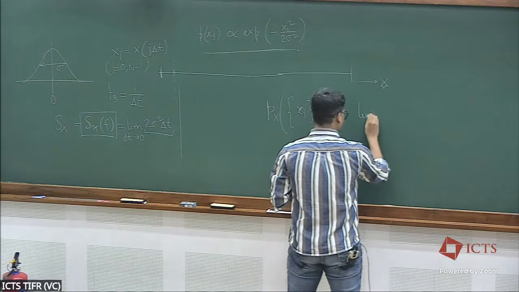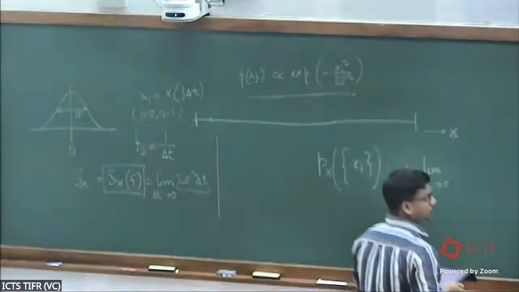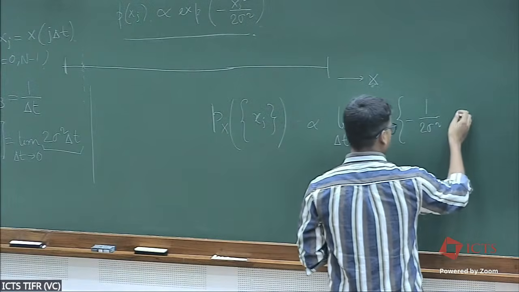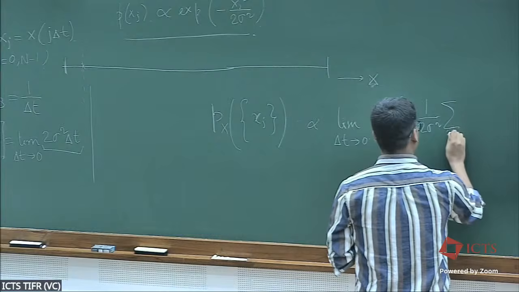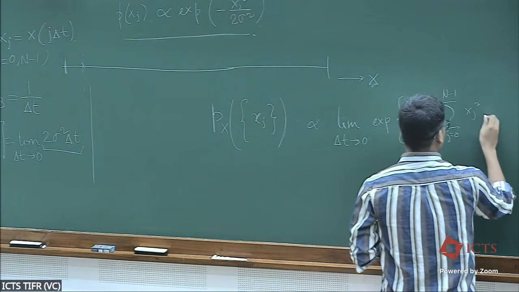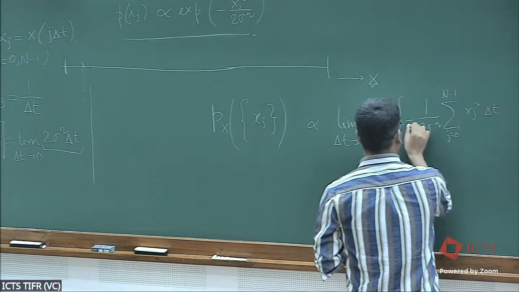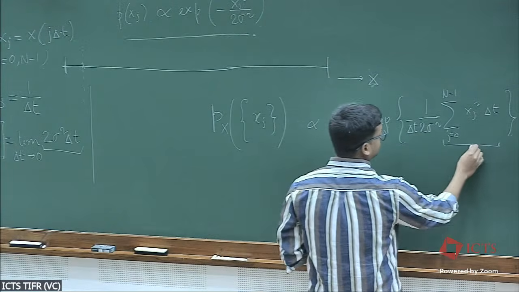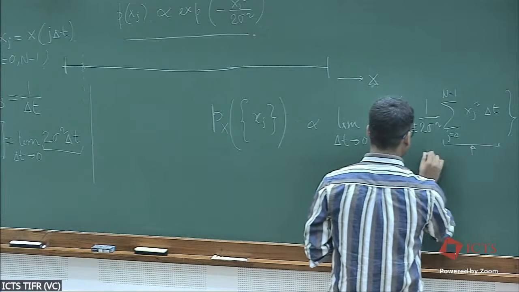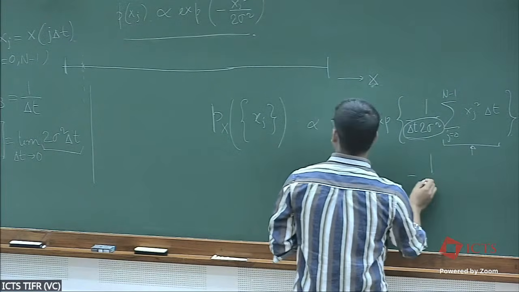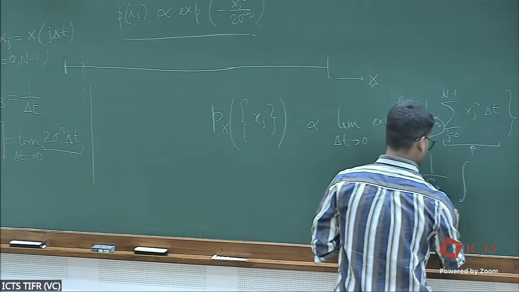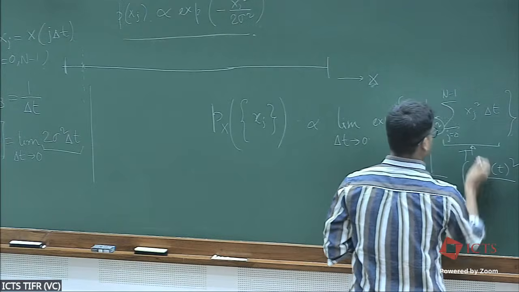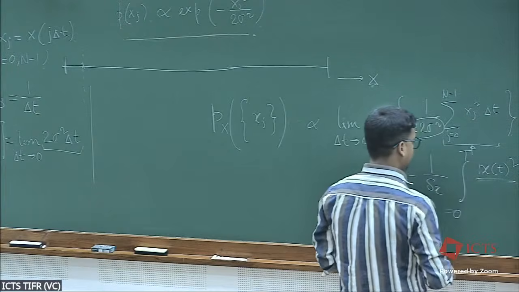I multiply a delta t here, also here, and write this discrete sum as a continuous integral, and just recognize that this is nothing but Sx, the integral from 0 to T of x squared delta t.